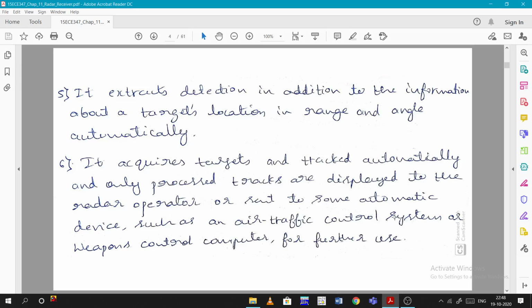It also tracks the path of the targeted object, by which they can see which path or trace it will take.